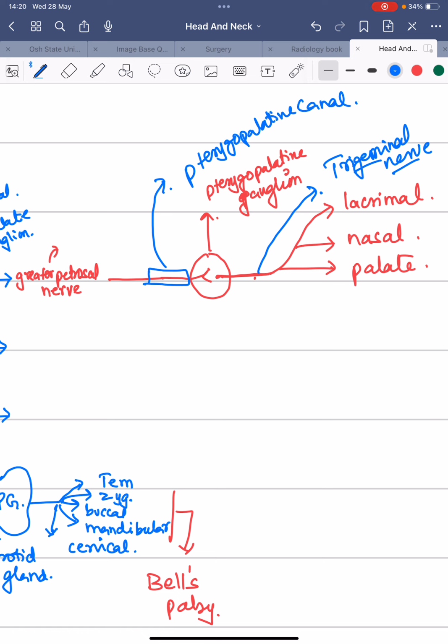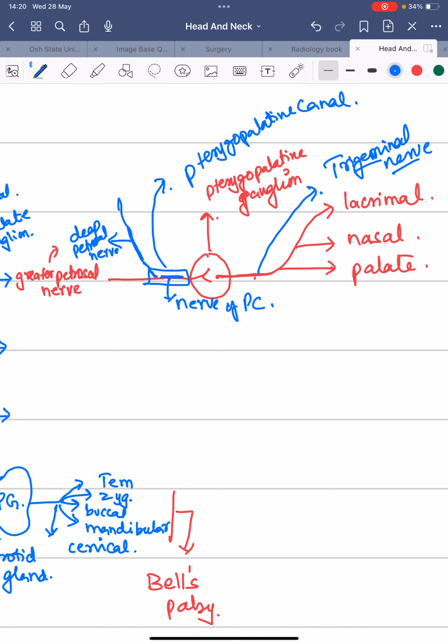And here one nerve enters and joins with the greater petrosal nerve, now forming the nerve of the pterygopalatine canal. This nerve, this one, is known as what? This is your deep petrosal nerve. Deep petrosal nerve. Now you are going to ask me, sir, where does this deep petrosal nerve come from?